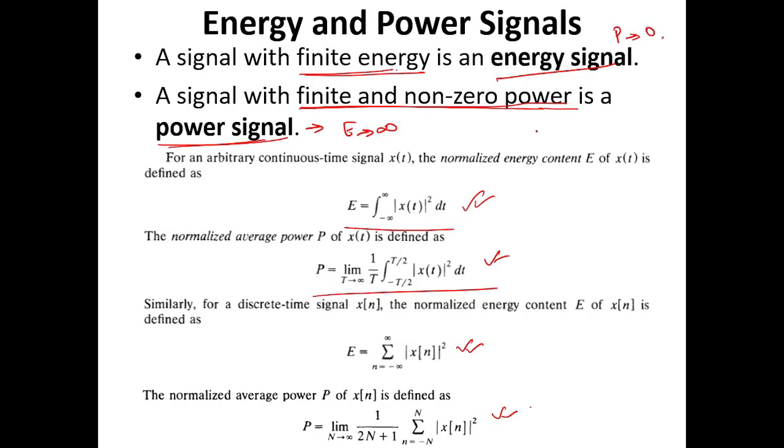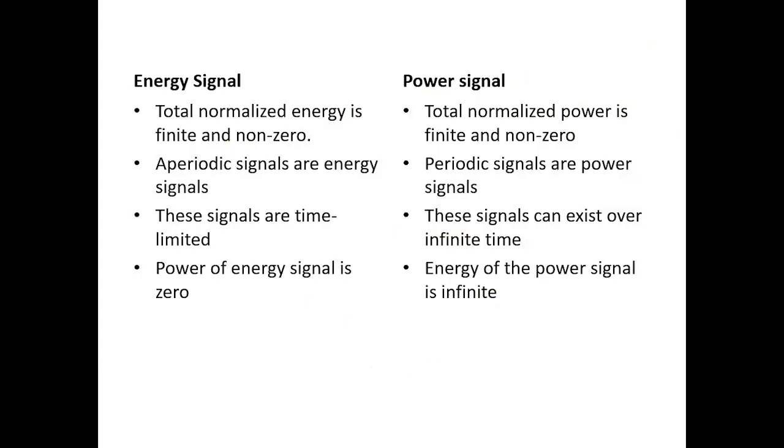So for the energy signal, energy is finite and power is 0. For the power signal, power is finite and energy is infinite. Okay. If any signal does not meet these criteria, then it is regarded as neither an energy nor a power signal. Okay, so the difference between energy and power signals has been given.